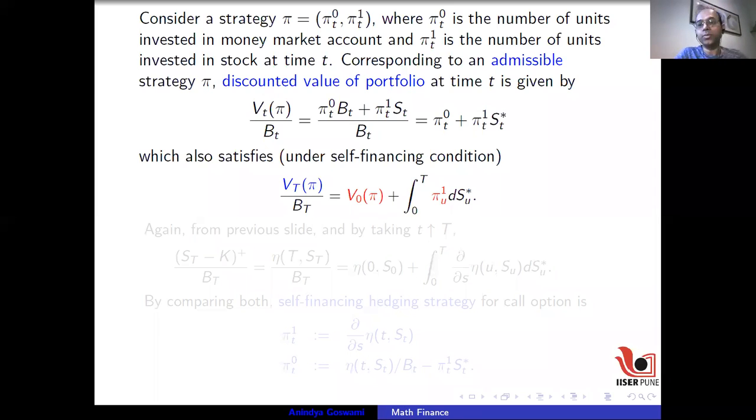Then I am completely hedged. For a call option, this turns out to be (S_T − K)+. This is known, but these two are unknown. But this is one equation in two unknowns. How can you solve it? Fine, so we have obtained this.